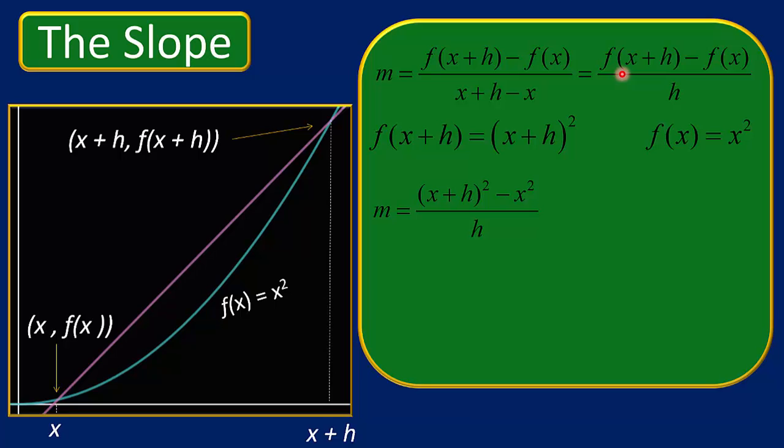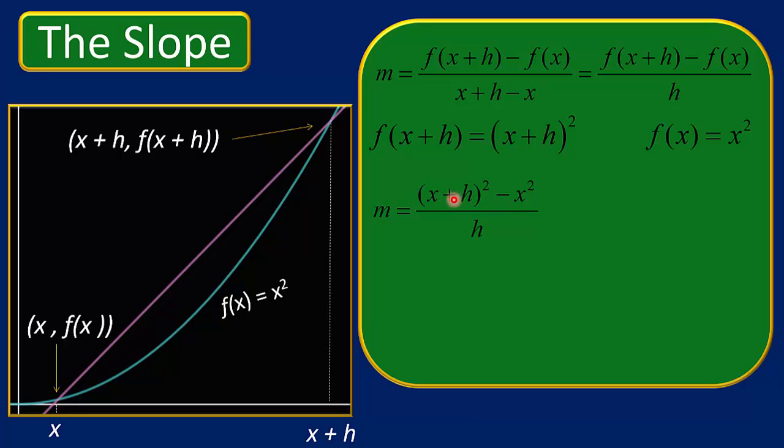What we have then, f of x plus h, that's right here. See that? And f of x, that's right here. So this is what we have. We have the slope of this line, and we could call that the average rate of change, right? We go from the steepness here to the steepness here. But I'm getting a little bit ahead of myself. But we're just going to simplify this.